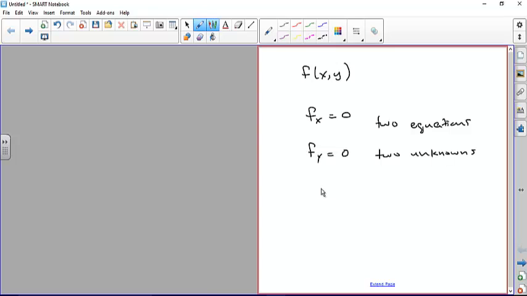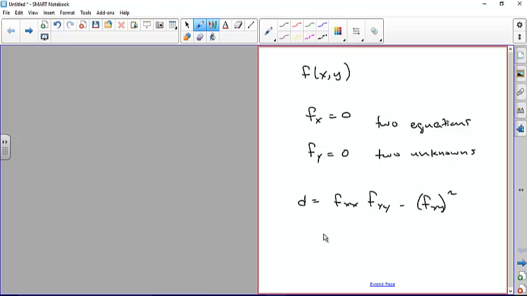So you can look at that and maybe write those requirements down. There's this quantity D, which is the second partial with respect to x times the second partial with respect to y minus the cross partial squared, which doesn't matter which way you do it, you get the same answer.